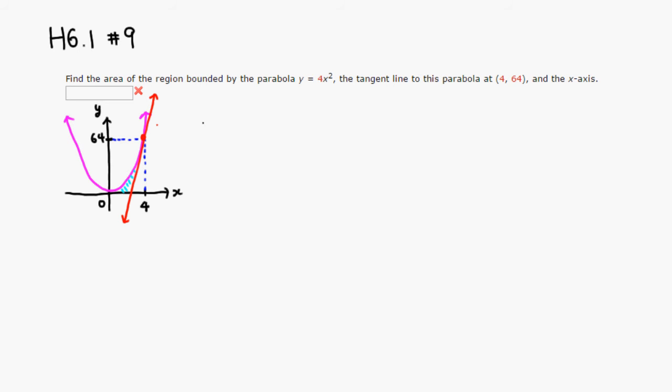So let's find that. We need to know the slope, so we take the derivative of the parabola. y prime is equal to 8x. So the slope m is, plugging in x equals 4, 8 times 4.